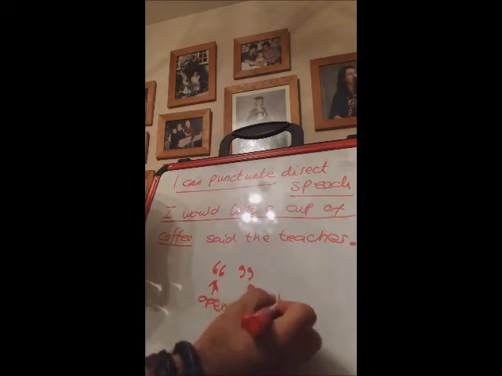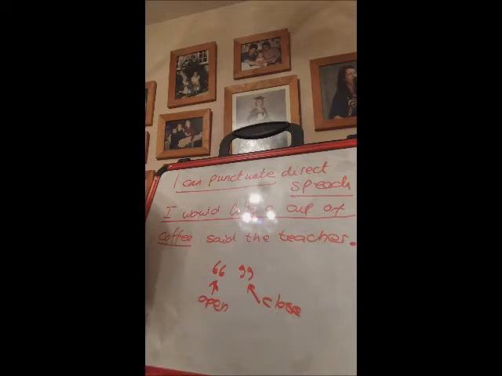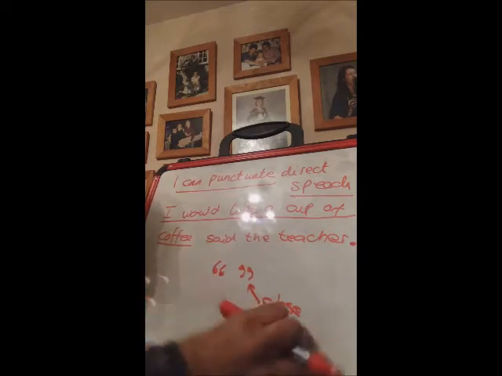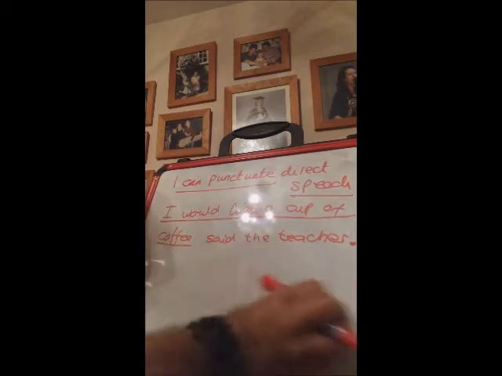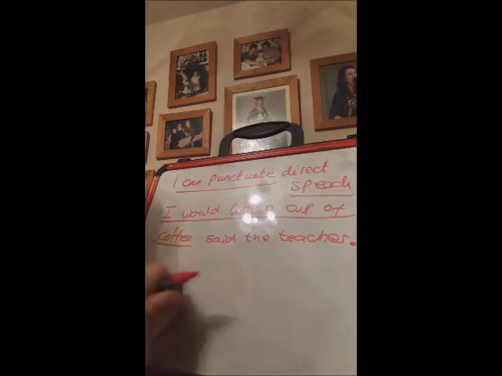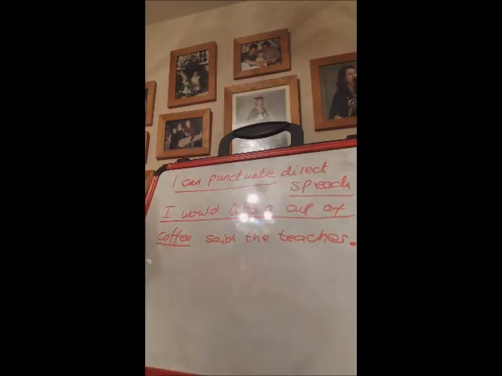And this one we call closing speech marks, because that is the end of what somebody said. It's as simple as that. So open and close. Now, in our sentence, "I would like a cup of coffee," said the teacher, we have underlined the bit that is actually being said.